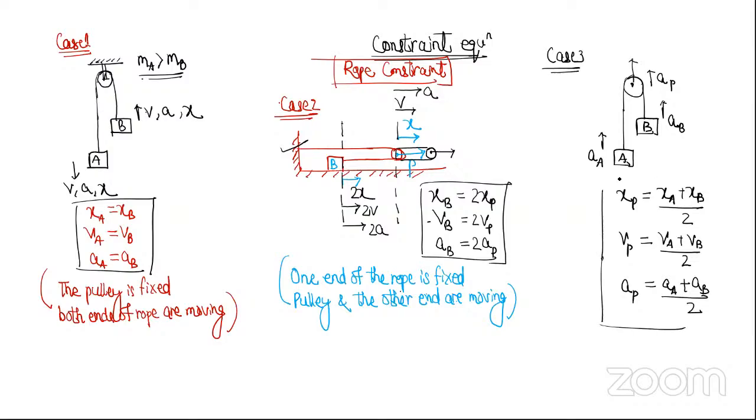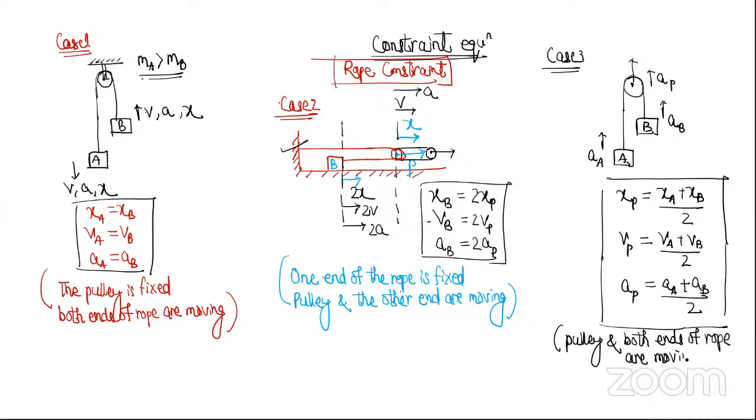This is case 3. How to identify case 3? In case 3, pulley and both ends of rope are moving. Got it?